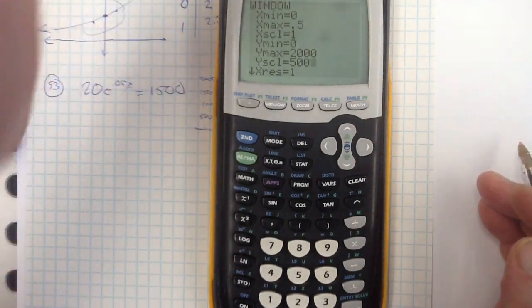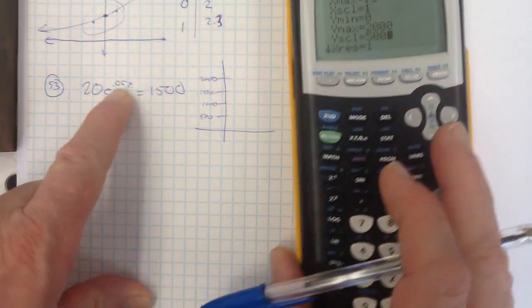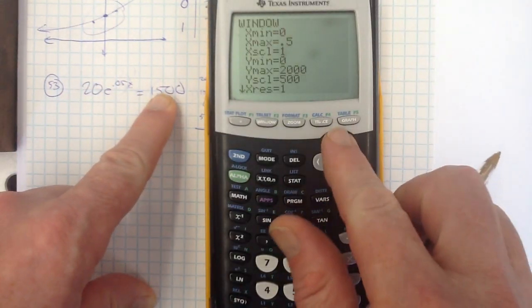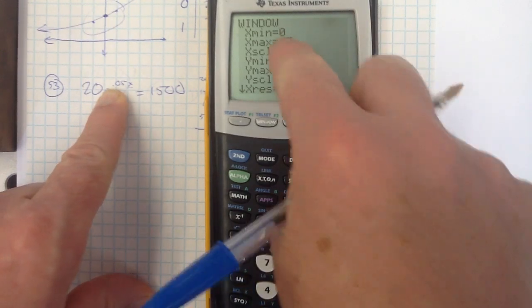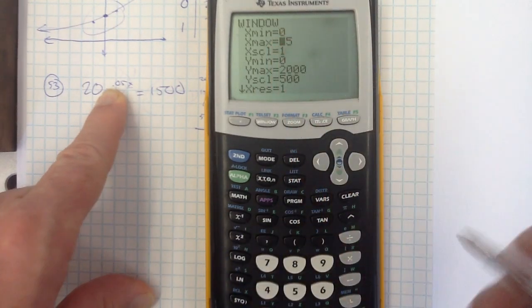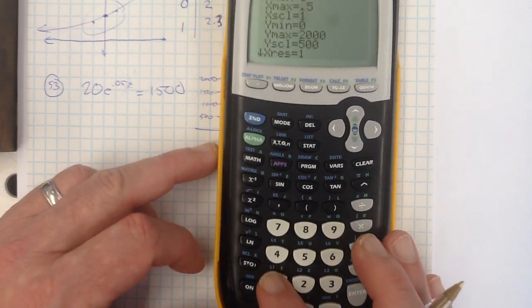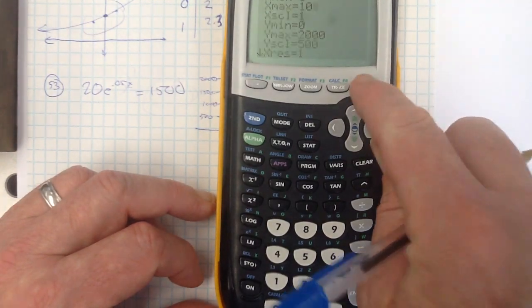So we should see 4 of those as it goes up. For the x values, I don't know what x value is going to make this equal to that. I do know it's going to be positive. So I'm going to start with 0 and say 0 to, I don't know, what do you think, 100? I mean, maybe you just thought it was 10 and then you could try the graph.